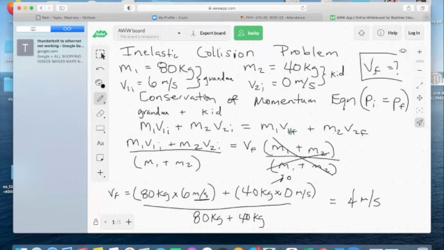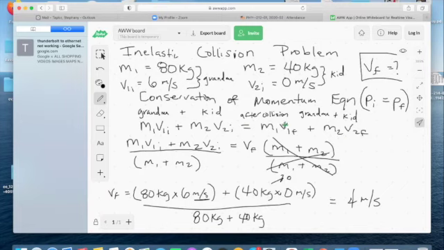And then on the right-hand side of the collision, so this is after collision, and this is the grandma plus the kid. All right, so final is after the collision, initial is before the collision. So initial is on the left-hand side of the equation, final is on the right-hand side of the equation.